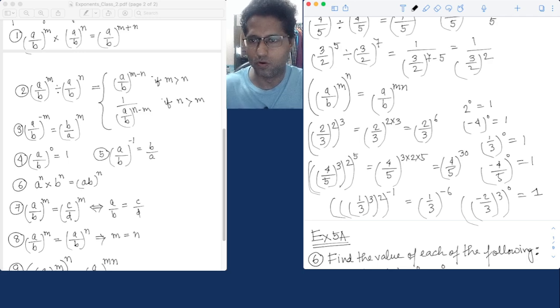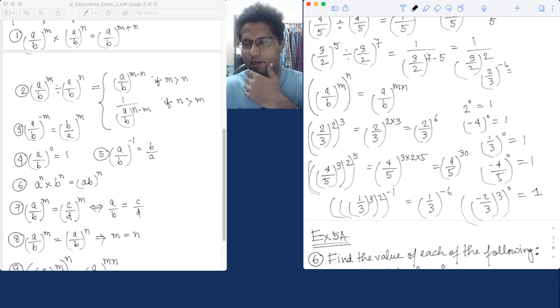So for example, 2 by 3 raised to the power minus 6 is nothing but, since the power is a negative integer, you just take the reciprocal of the base, which is 3 by 2, and raise it to the power 6, not minus 6, 6.